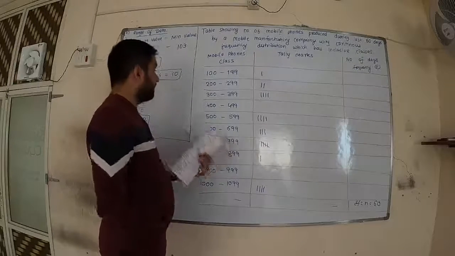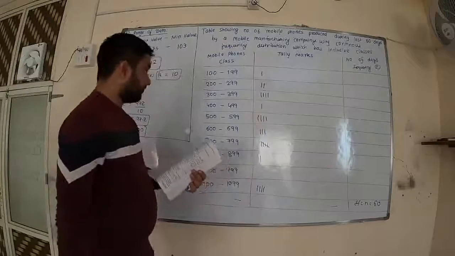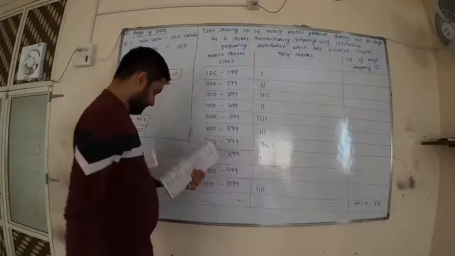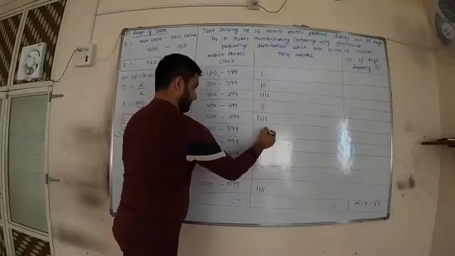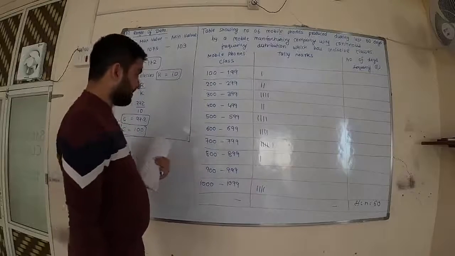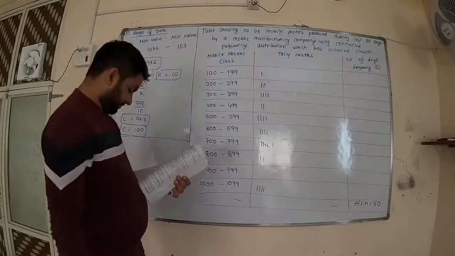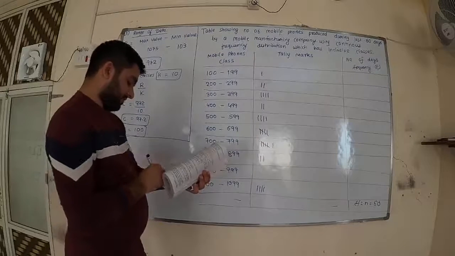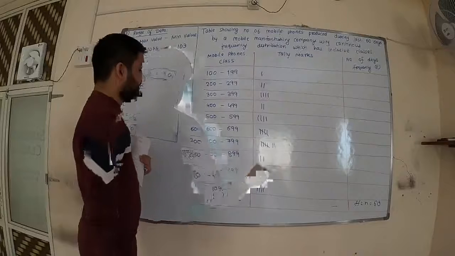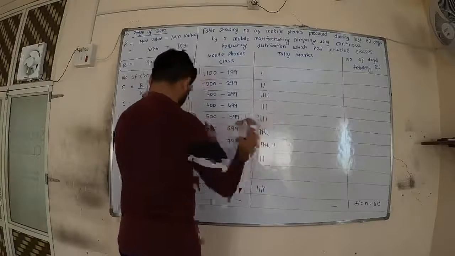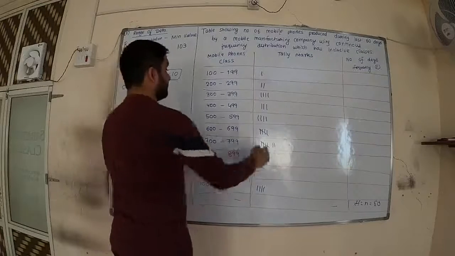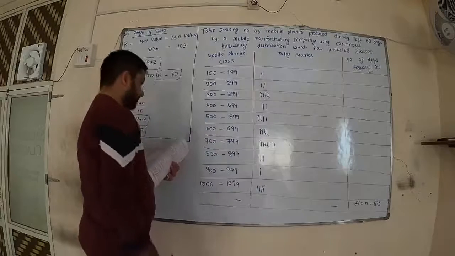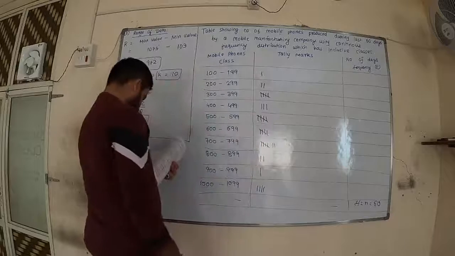Next line 452, 499, 760, 695, 875, 603. Now next 760, 453, 355, 999, 552, 553.